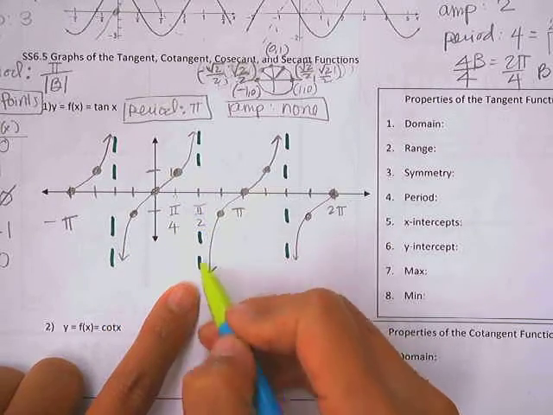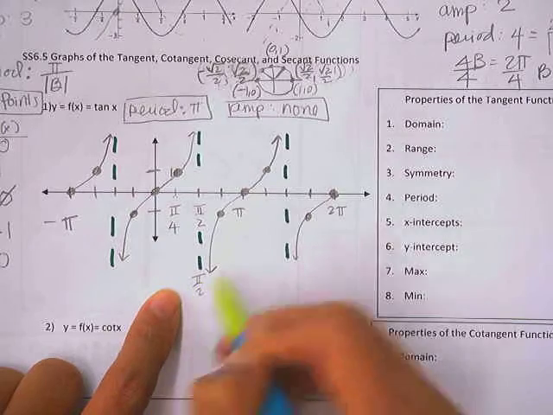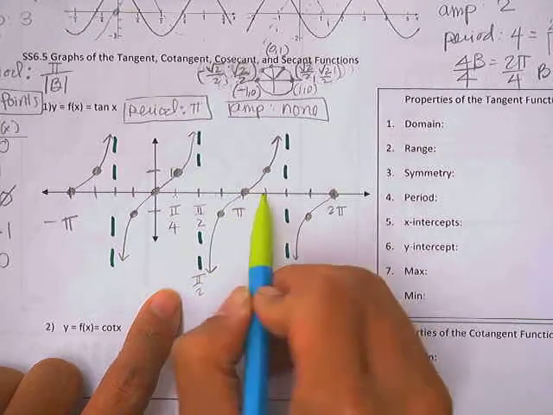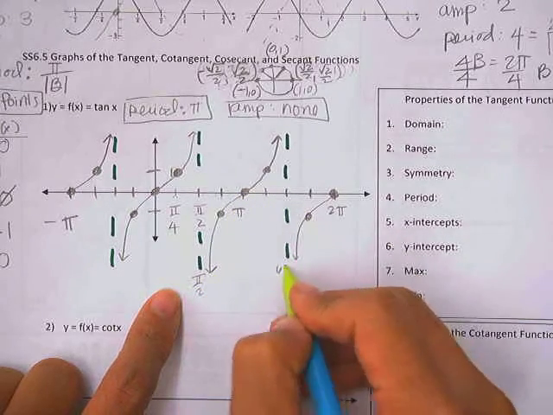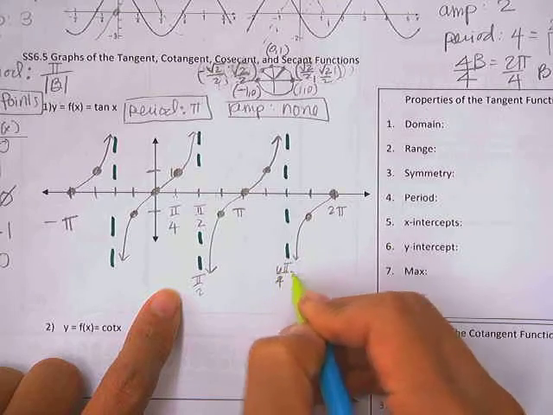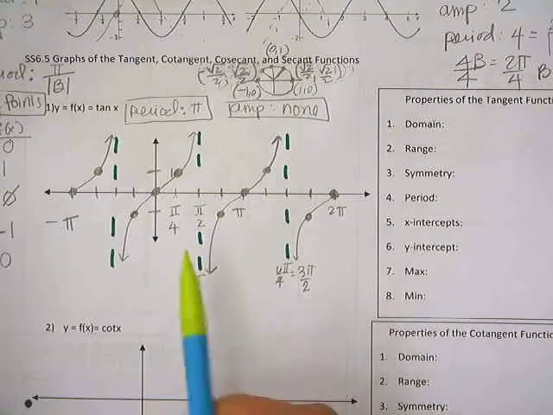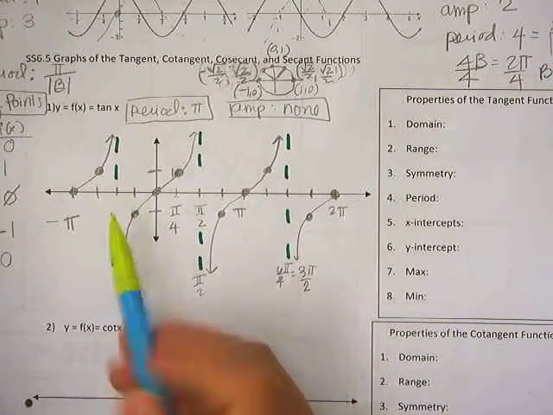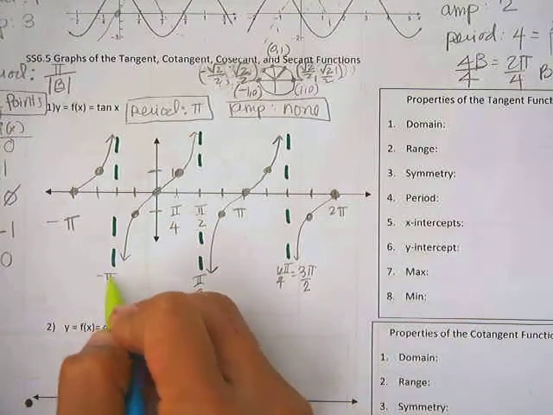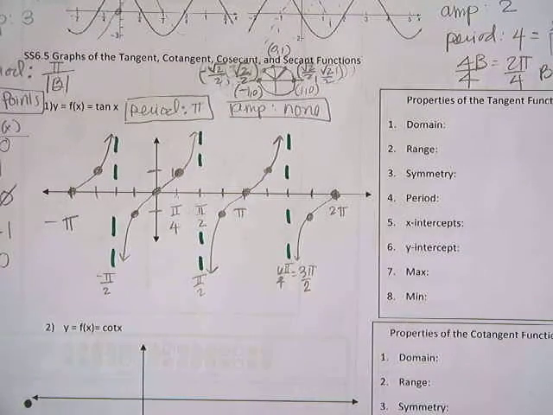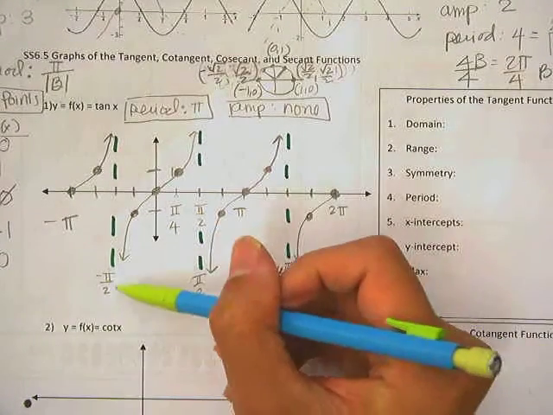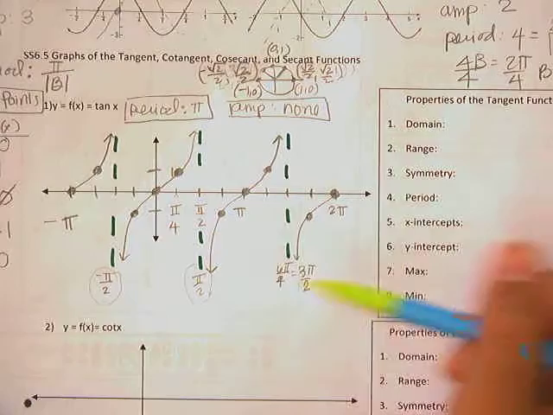So 2 pi over 4 reduces down to pi over 2. 3 pi over 4, 4 pi over 4, 5 pi over 4, 6 pi over 4. 6 pi over 4 reduces down to 3 pi over 2. Then similarly to the left, we have pi over 4, 2 pi over 4, which reduces down to negative pi over 2. So notice how I'm really excluding these right here.